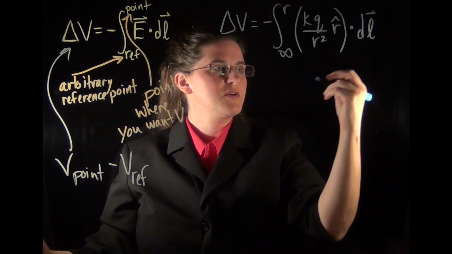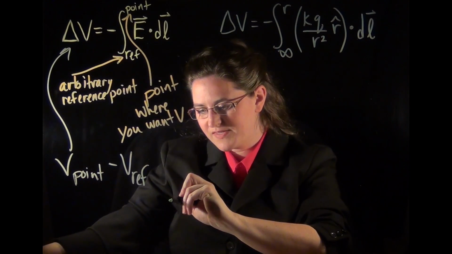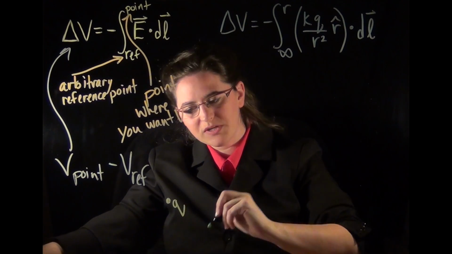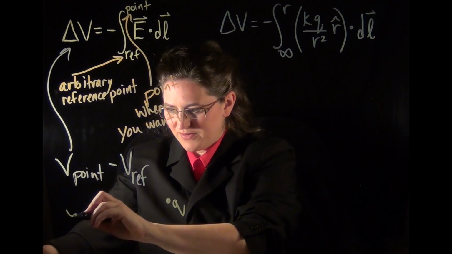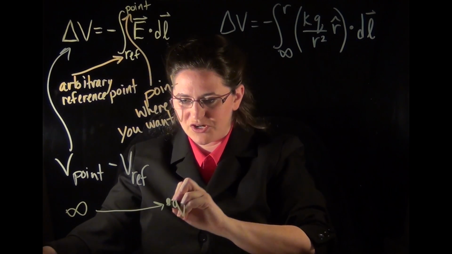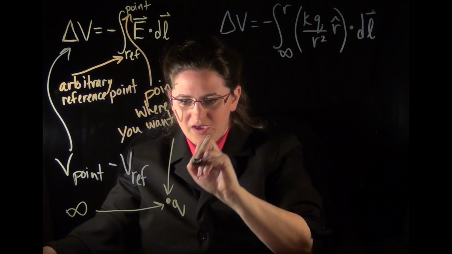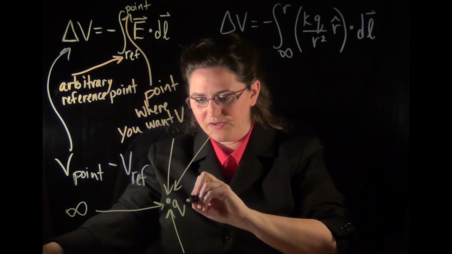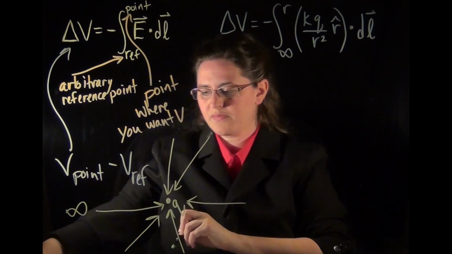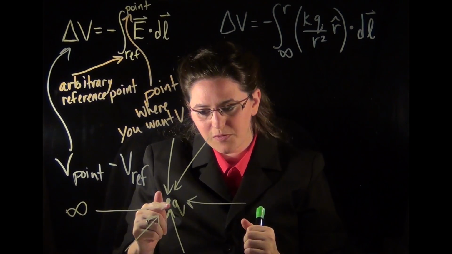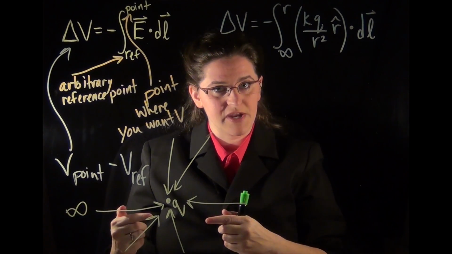So what does that look like? Well, some point charge q, here's our q, we're going to go from really far away, infinity, that's really far, into point charge q. And we come into point charge q radially. So in order to get from infinity to point charge q, we travel along the radius.